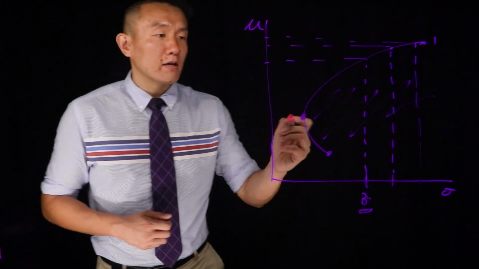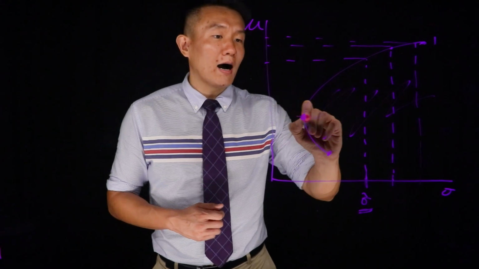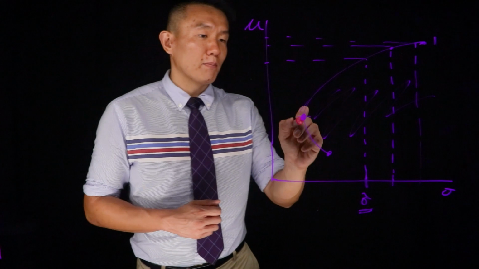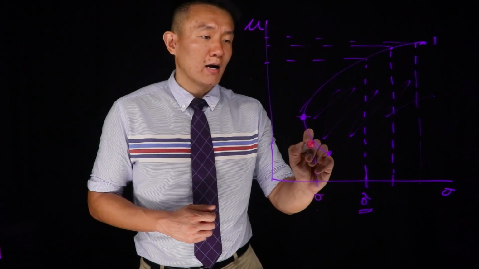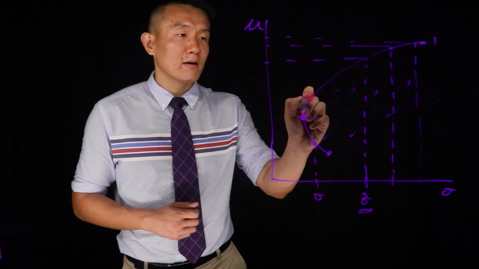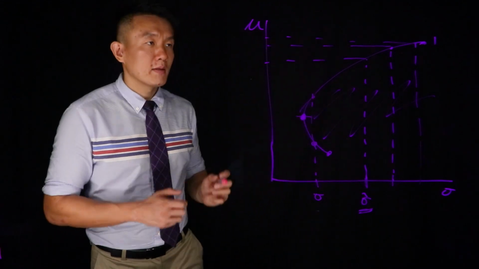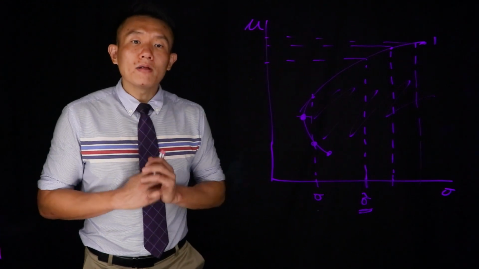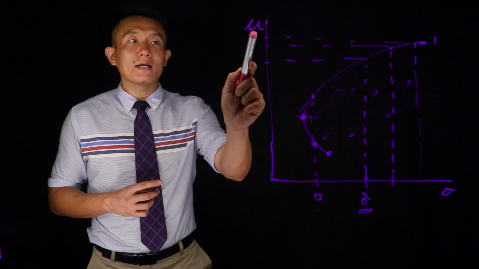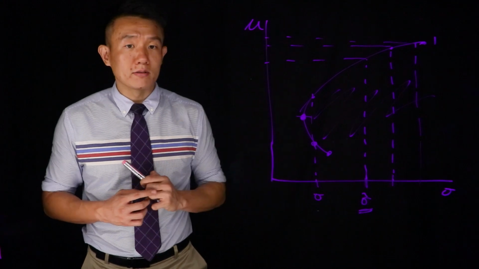The efficient frontier, therefore, is just going to be the top half of this curve. The bottom half doesn't count, right? Because if I'm picking, say, this level of risk, I'm not going to want to be down here. I'm going to want to be up here. So remember, all I assume so far is that I like high returns and I want lower risk.